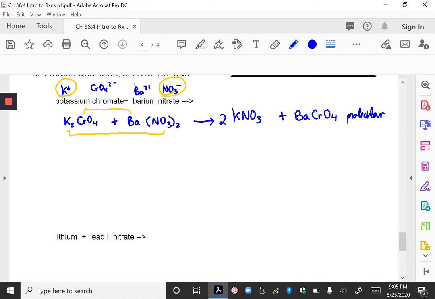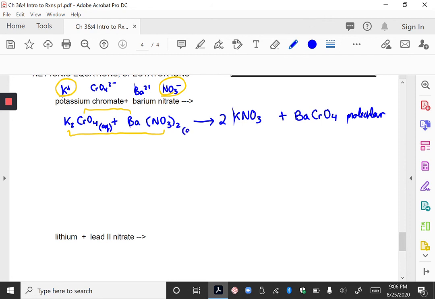Next, we're going to write our net ionic equation, starting with our complete ionic equation. And what that means is anything that is soluble in water, because double replacement reactions happen in water, when you put an ionic substance in water that is soluble, the ions dissociate, they separate physically. And so we need to show that. So this is soluble, so we write a little aq next to it.